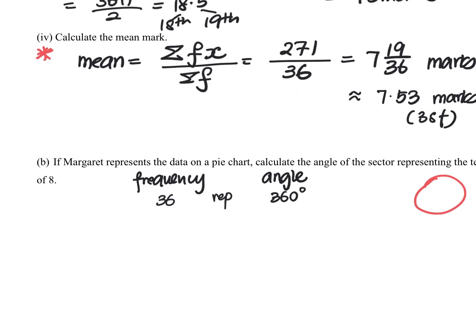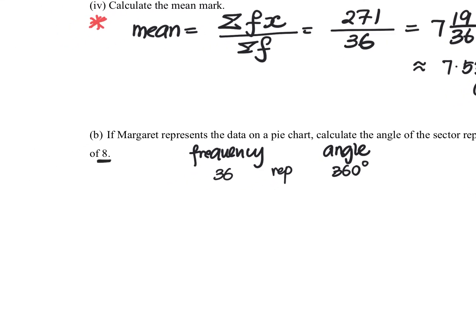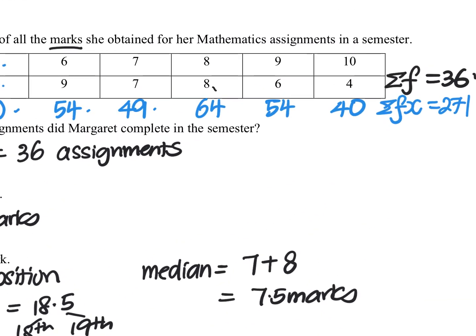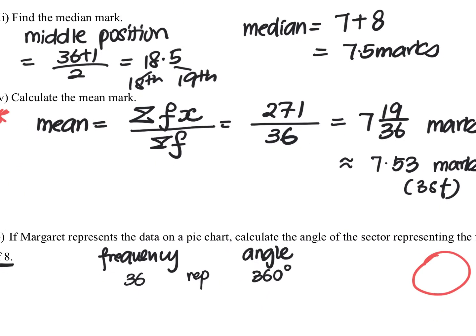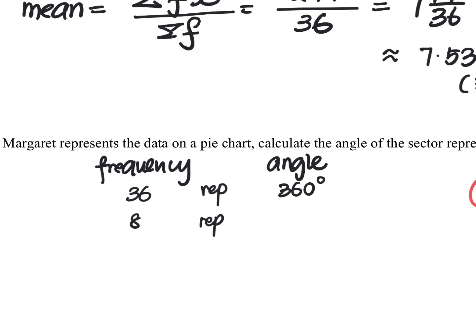Now they want us to calculate the angle of the sector that represents the test mark of 8. So how many assignments did she get 8 marks? Well, there are 8 assignments out of 36 assignments. We shall try to work out the value.